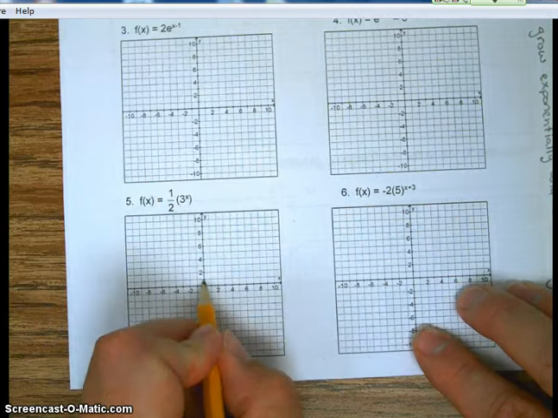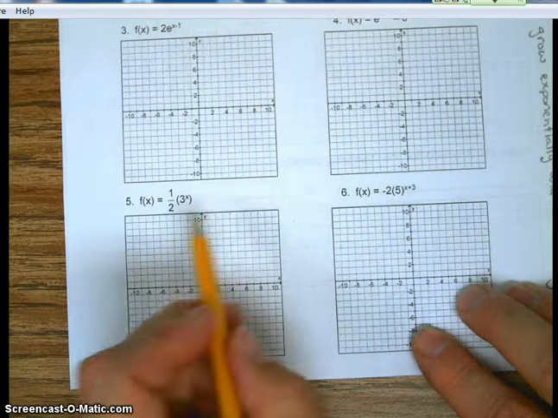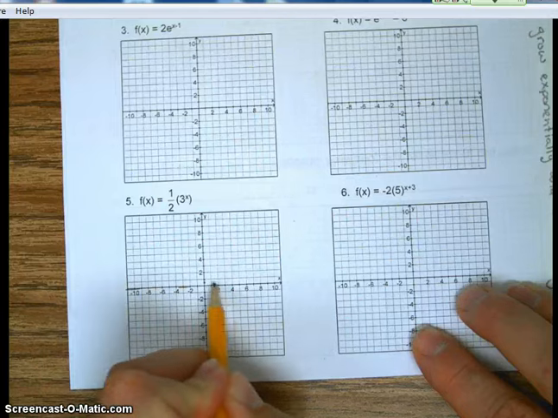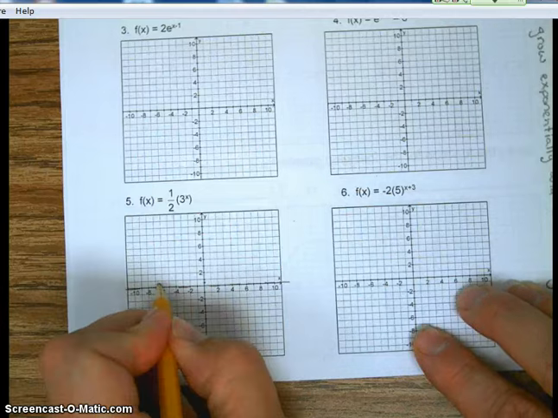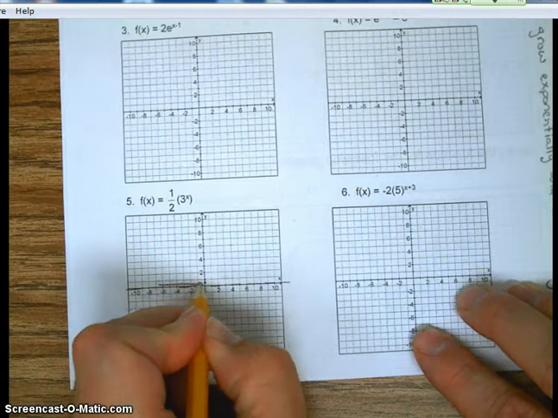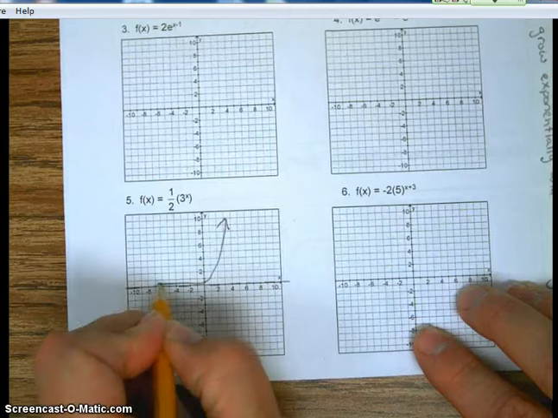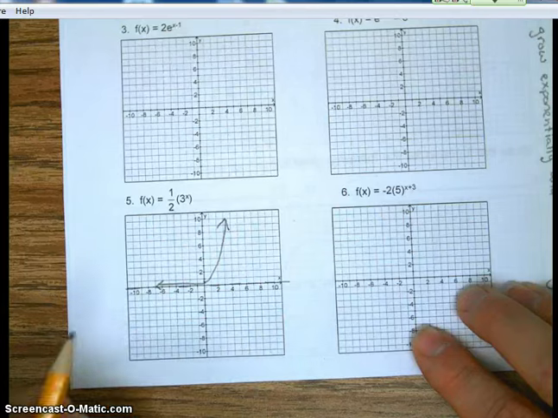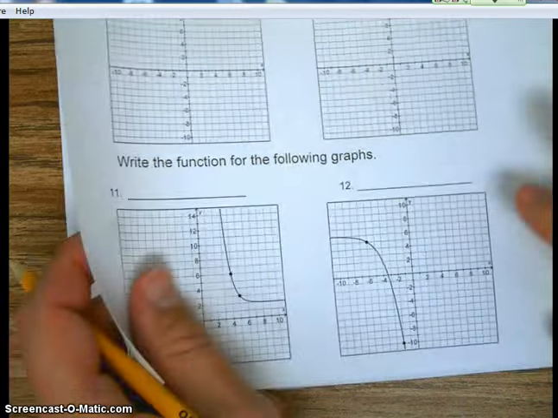So our first point would be at (0, 1/2). Our k value is still 0, so we have a horizontal asymptote at y equals 0. And we're going to curve it up at 1/2. Okay, turn it over.